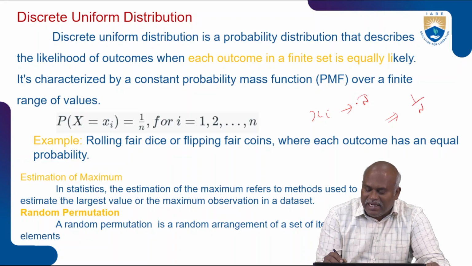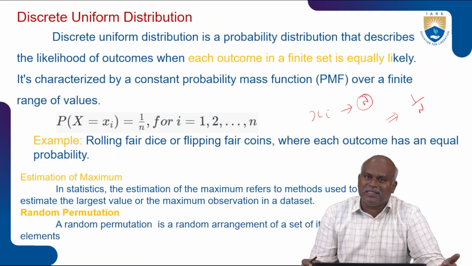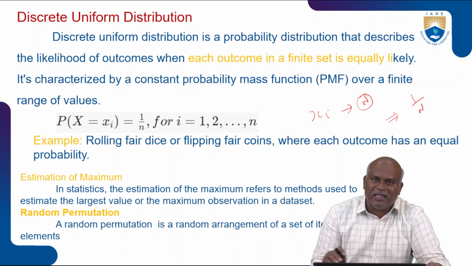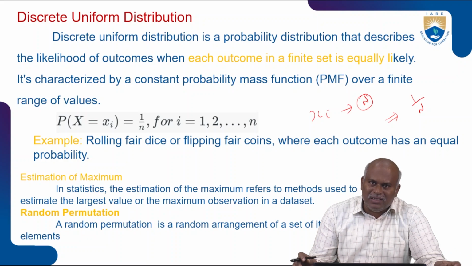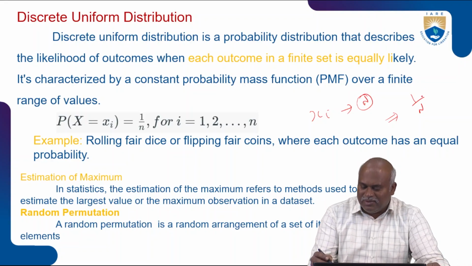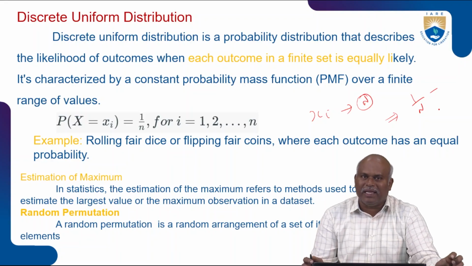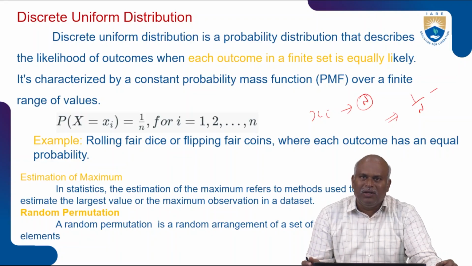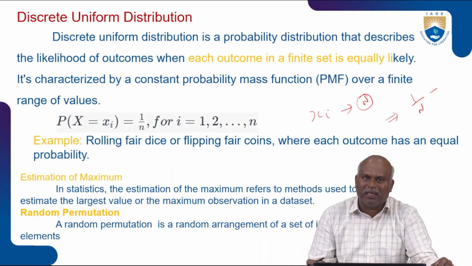Why? Because n possibilities are going to occur in the interval between a and b, the minimum and maximum values. So the probability is equal to 1 by n. For example, rolling a die or flipping a coin, where each outcome has equal probability.